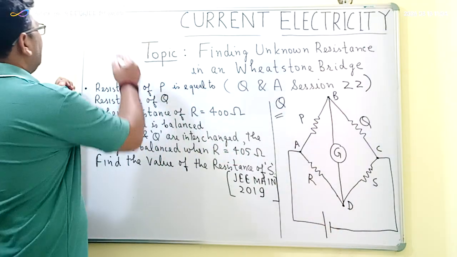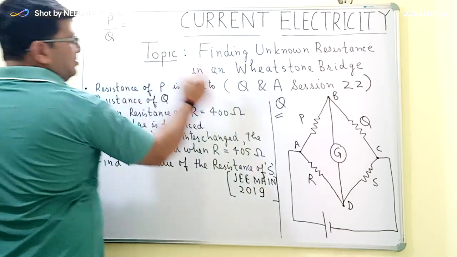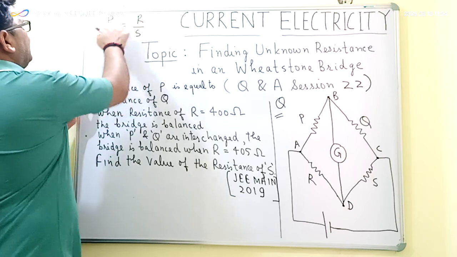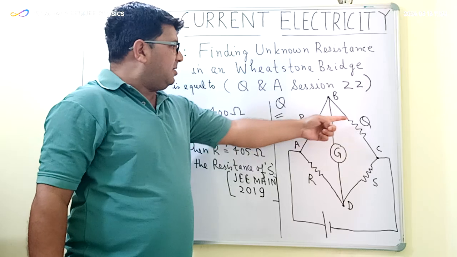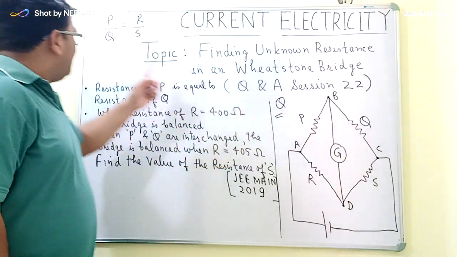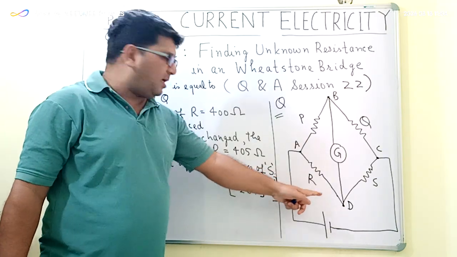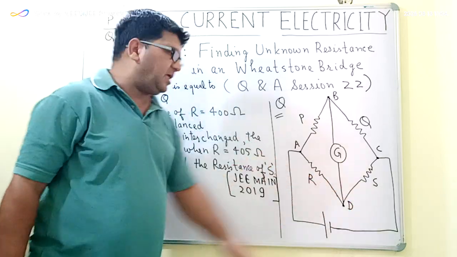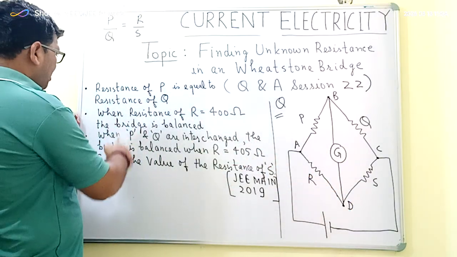And in this case, as we all know, P upon Q will be equal to R upon S. Here P is the resistance of this resistor P, Q is the resistance of this resistor Q, R is the resistance of this resistor R, and S is the resistance of this resistor S. So I will be using this relation in both these cases.